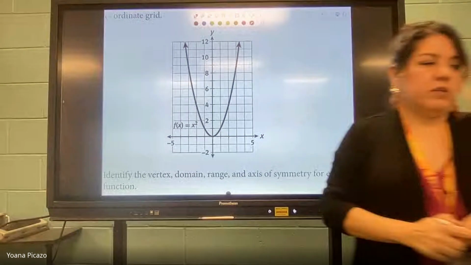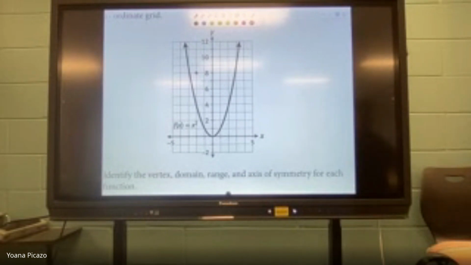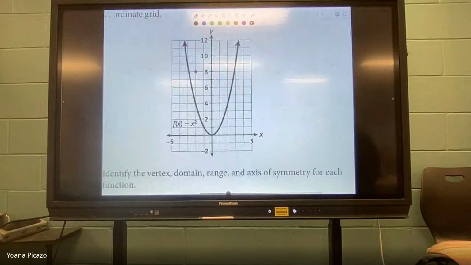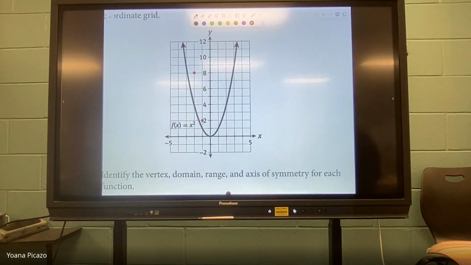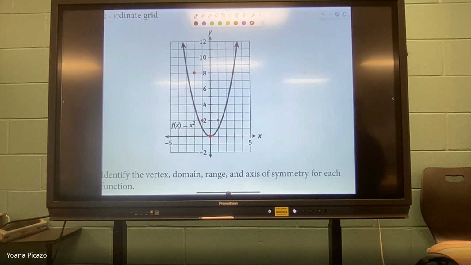So there's the first point. What's the next ordered pair? -1, 2. So I'm going to go to -1 and up 2. There's the next point. What's the next ordered pair on our table? 0, 0. Then it's 1, 2. And then 2, 8.